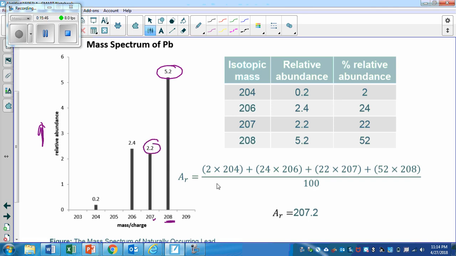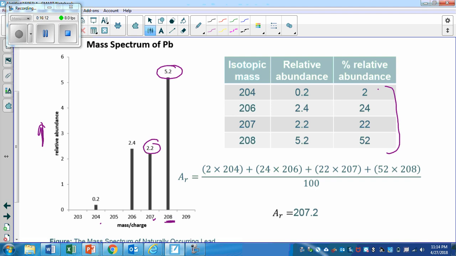So we multiply, as when we calculate the average atomic mass of isotopes. You take the percentage of each: 52%, 22%, 24%. These questions are quite common. You did it in honors chemistry class, and then we did it in the atomic structure unit.